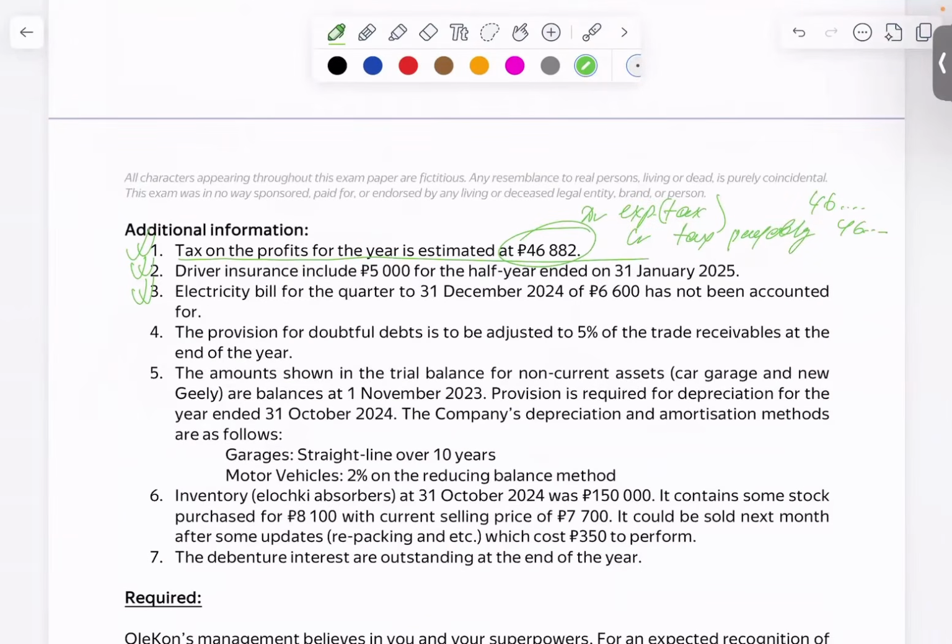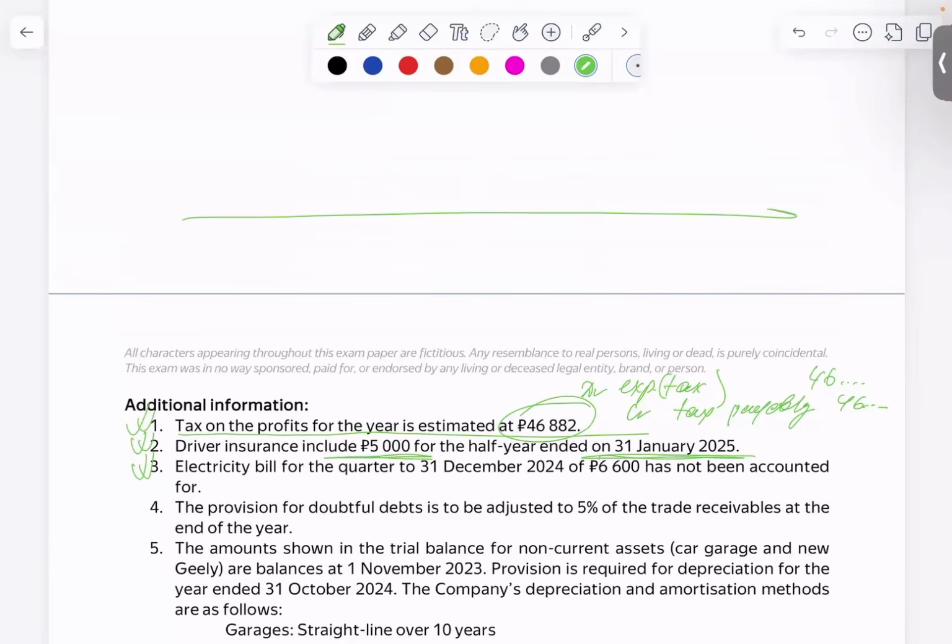Driver's insurance includes 5,000 for the half year ended on 31st of January. What does it mean? It means that when insurance was paid, this is the timeline, our financial year ends here, 31st of October. So here we have October, here we have September, August, and on the right we have November, December, January.